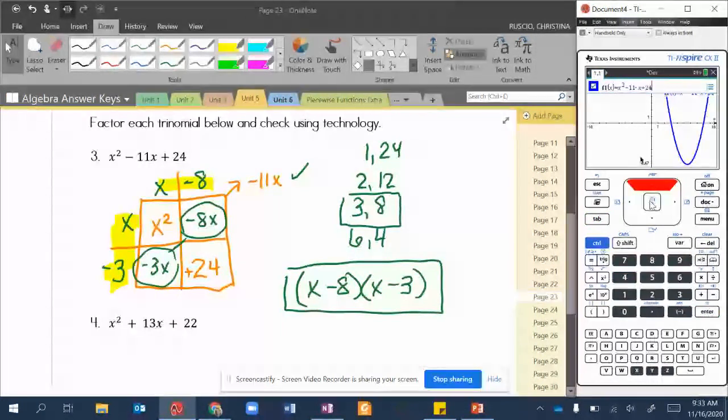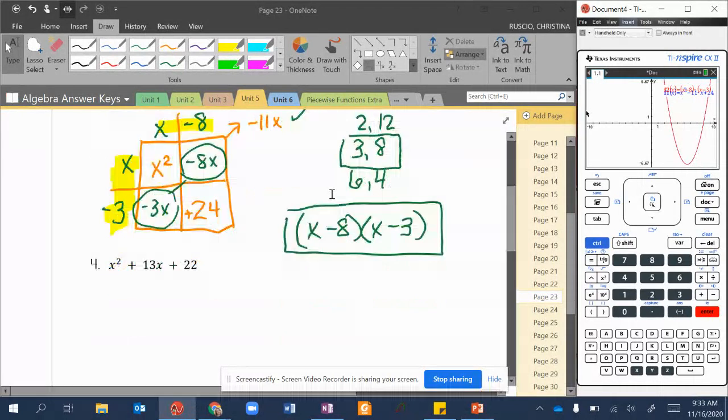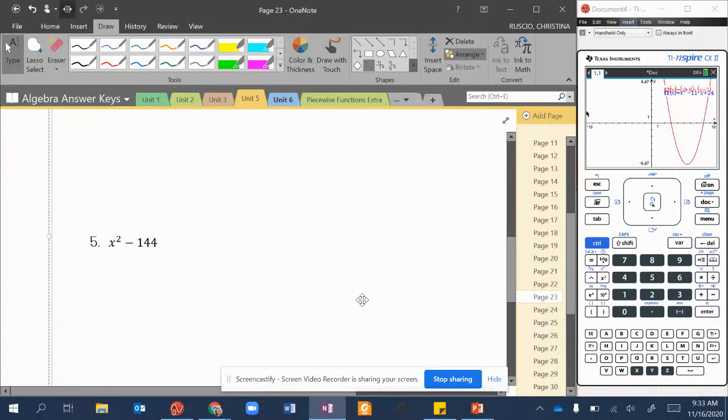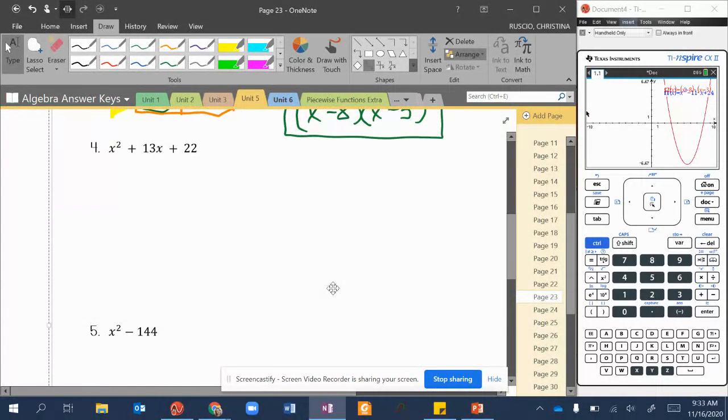F of 1 is still here, but in this tab of F of 2, we're going to type in x minus 8, our answer, all times x minus 3. And if we did it correctly, the two parabolas will line up and, oh, did you see the magic? That was so amazing.